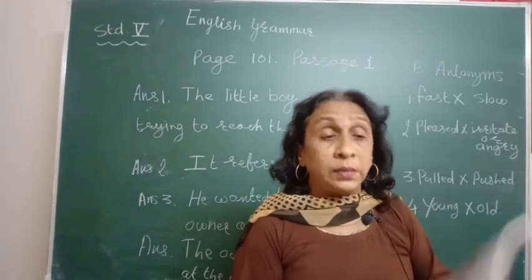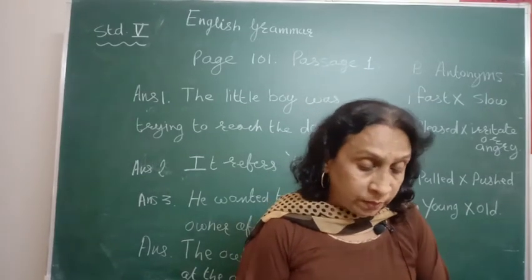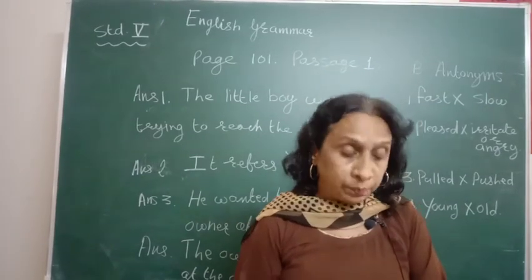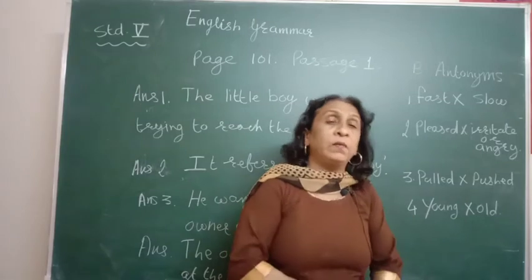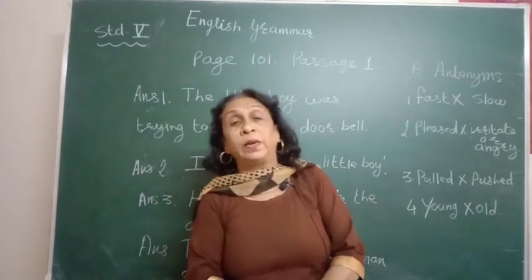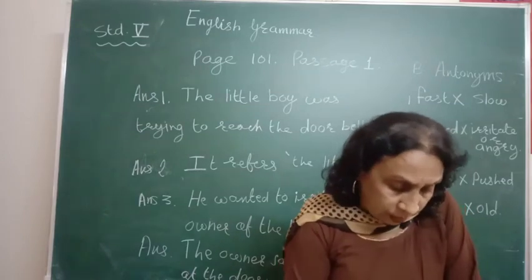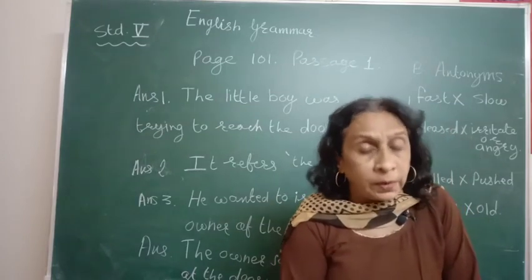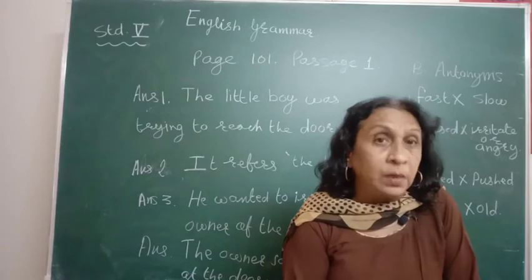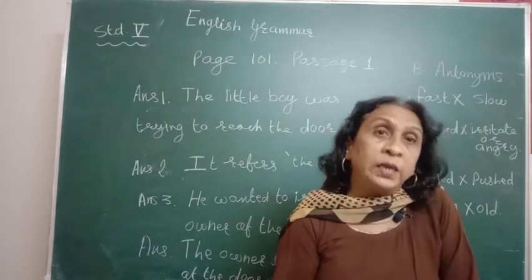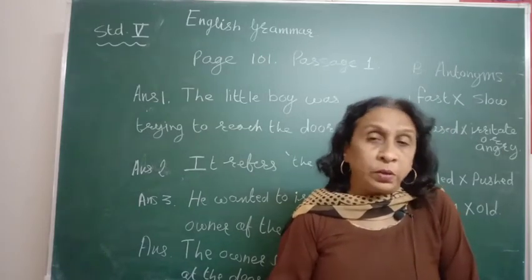Now see here, one more thing: when you frame a story or write a story, you have to give names to the characters. Here it is not given, it is just shepherd boy, but you can give a name to the shepherd boy, or you can give dialogues.